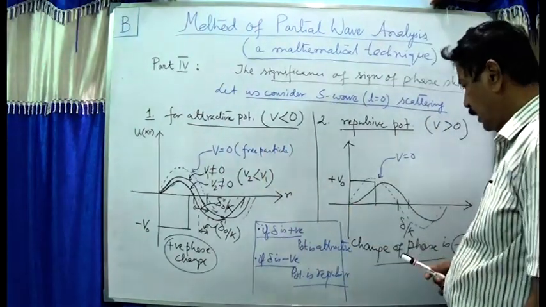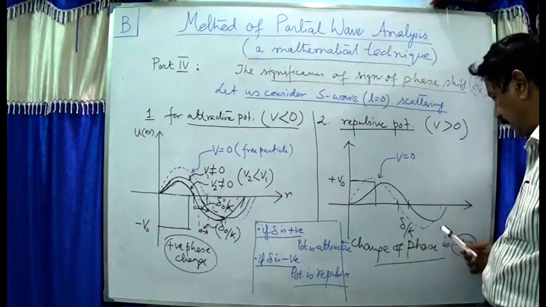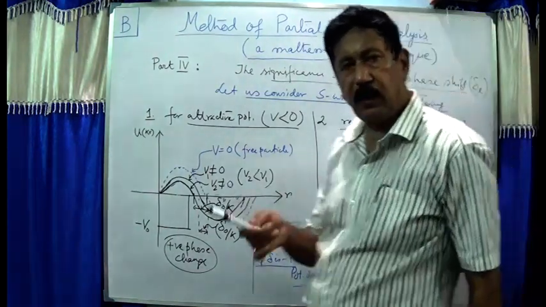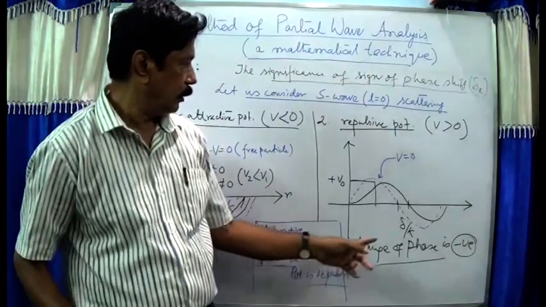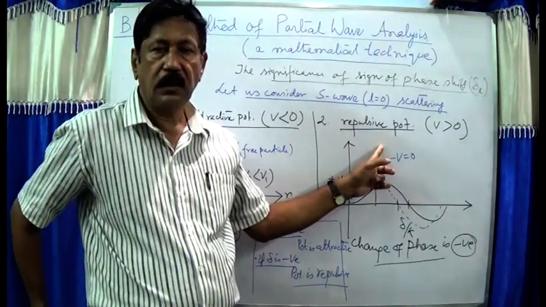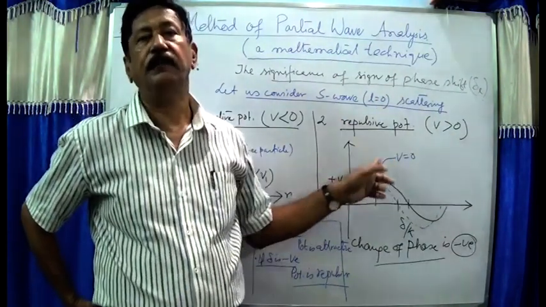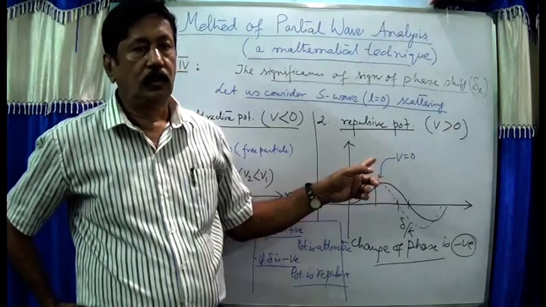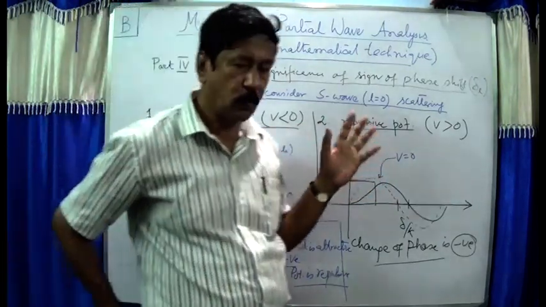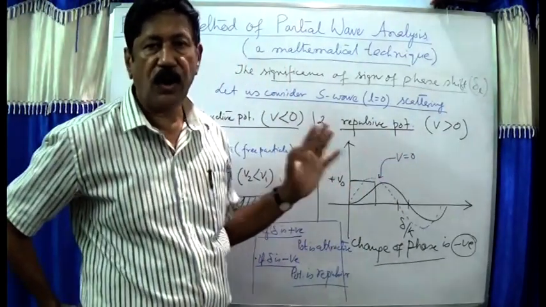If the change of phase appears negatively, the potential will be of repulsive type. So this is the qualitative way of discussion.